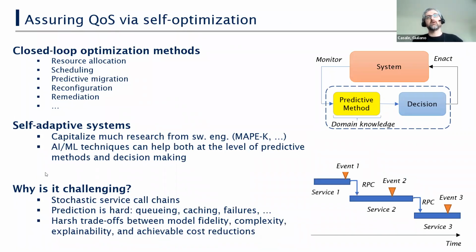And I would like to mention briefly that because of this increasing need for automation in this domain, we see also a resurgence, even in research, of investigations on self-adaptivity and self-management techniques. They received a lot of attention around 10 years ago, when the first works on autonomic systems came out, especially in the software engineering community.